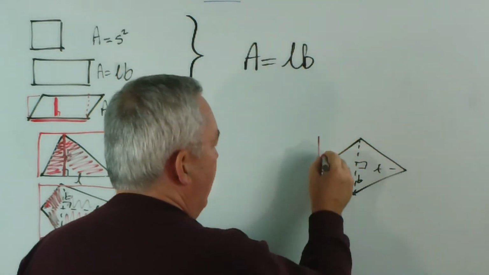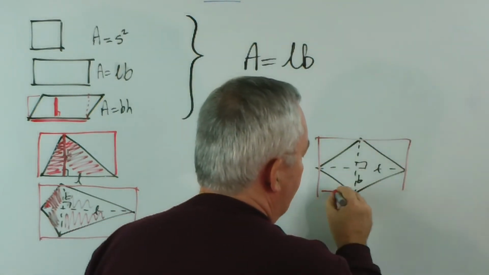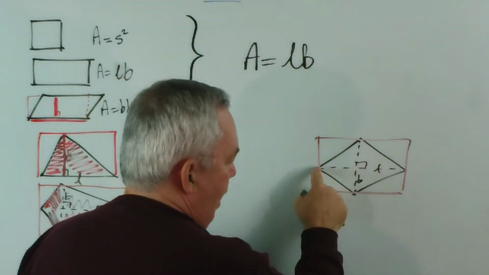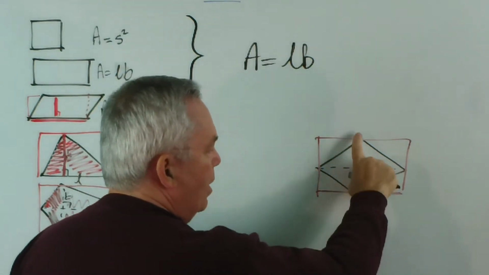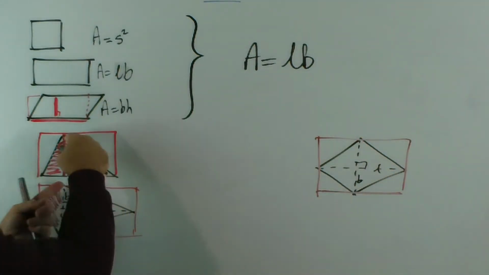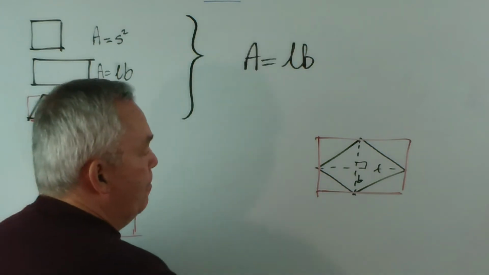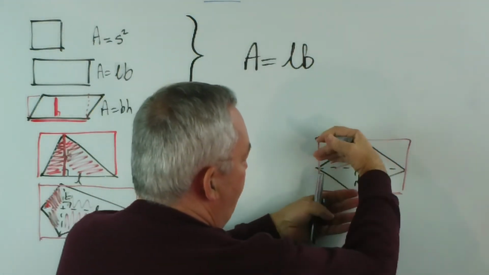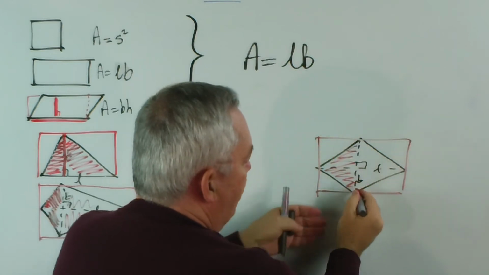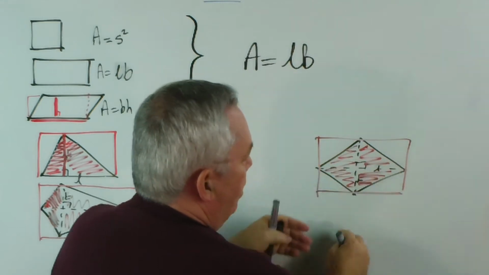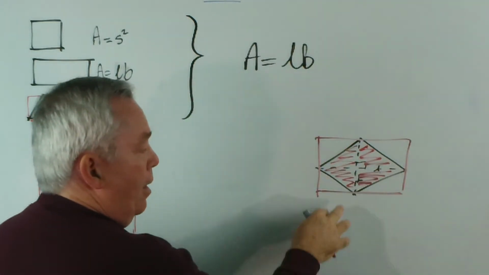Draw a rectangle around the rhombus. The rectangle has the same length as the rhombus and the same breadth, just as it had the same length and breadth as the other shapes. And again, you can see that in each quarter, half of the shape is going to be shaded in that quarter as well.